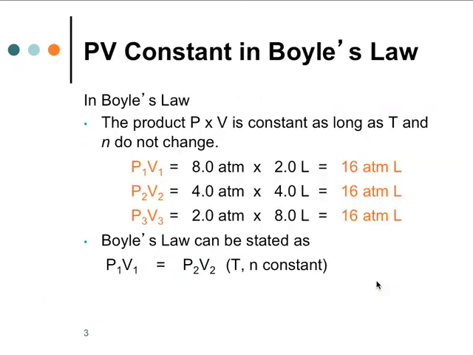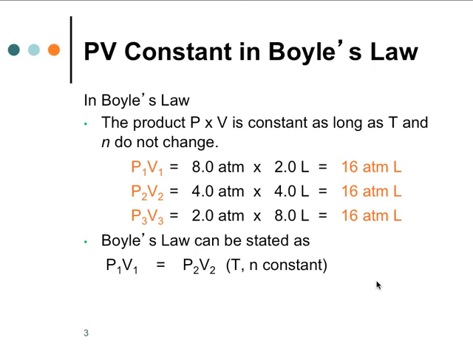Okay. So in Boyle's law, the product of the pressure times the volume is constant for a given system as long as the temperature and the number of moles of the gas do not change. And we should have seen this in the lab in class.